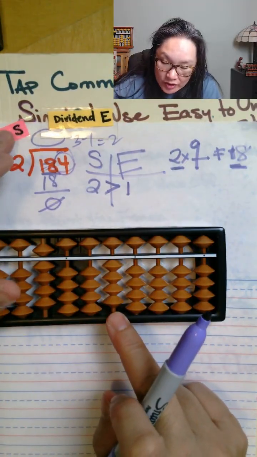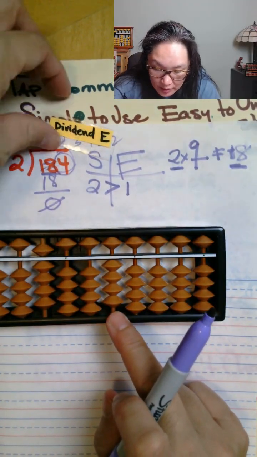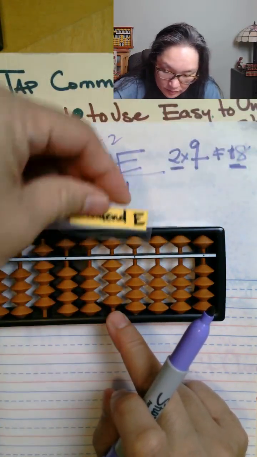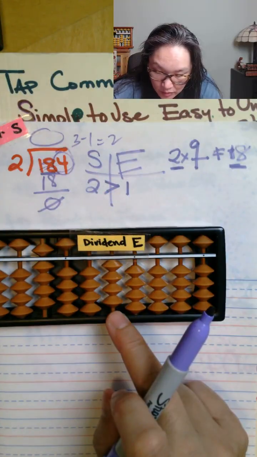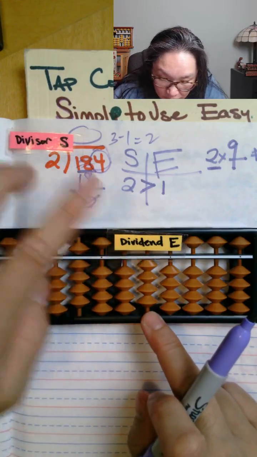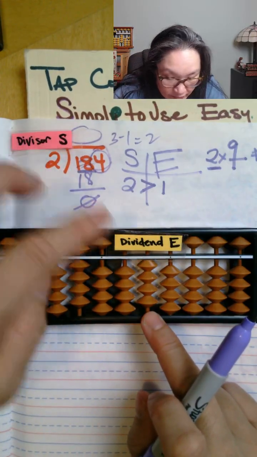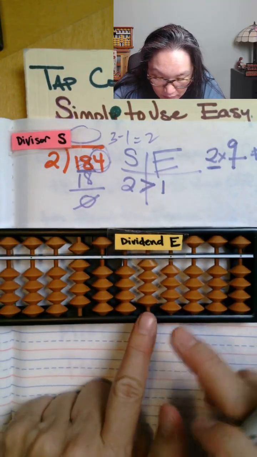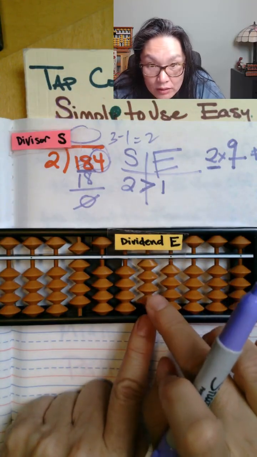So now the question is, who is bigger? My dividend or my divisor? My divisor, correct. I'm sorry, my dividend. You're right. My dividend is bigger. My dividend is 4.